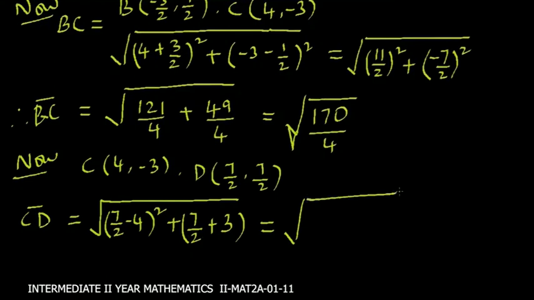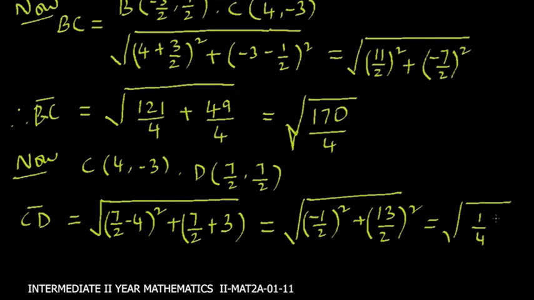Now 4 times 2 is 8, 7 minus 8 is minus 1 by 2. And 3 times 2 is 6 plus 7, 13 by 2, whole square. That is equal to the square root of 1 by 4 plus 169 by 4. Therefore, CD is equal to the square root of 170 by 4.